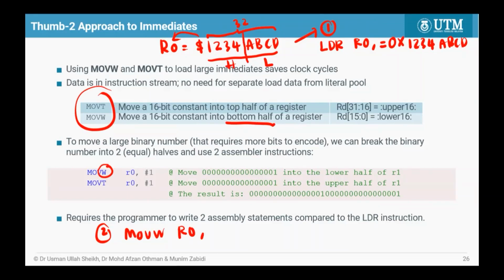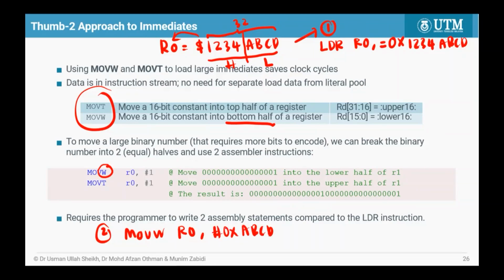So you take this lower two bytes and put it to R0 by using the MOVW, with a hashtag. Since this is an immediate value, you simply write #0xABCD.